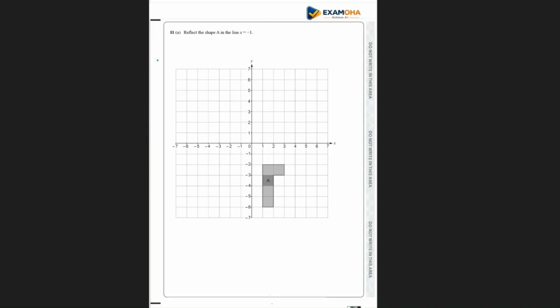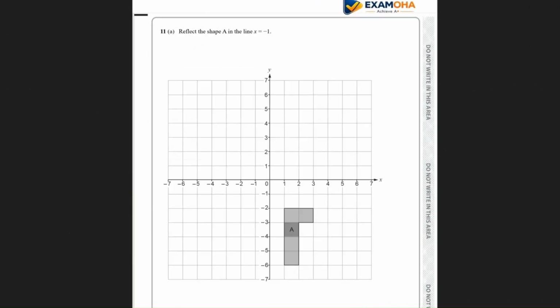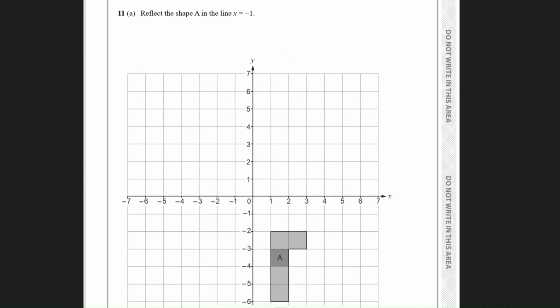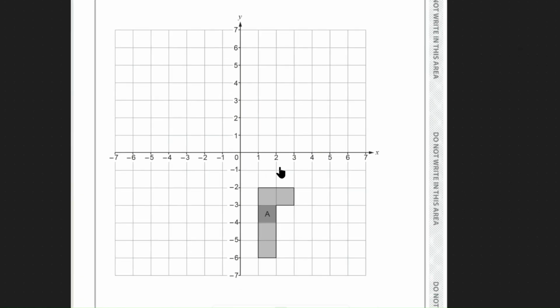It is asking to reflect the shape A in the line x equals minus 1. And what does it mean by reflect here? Reflect is just like a mirror here. But if we would like to make the mirror for this shape or any shape, where is the mirror? Is it here or there?